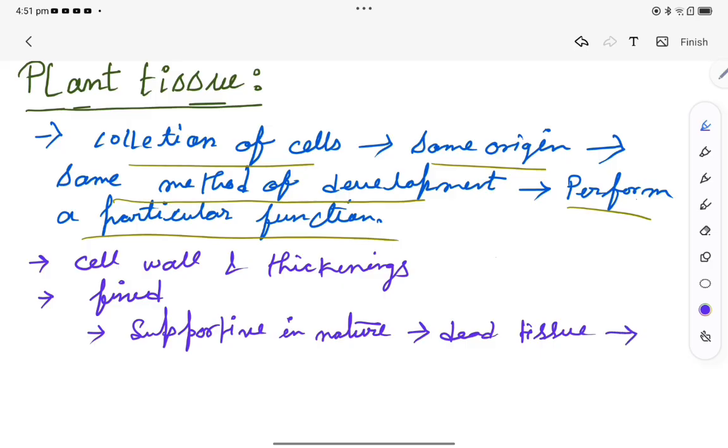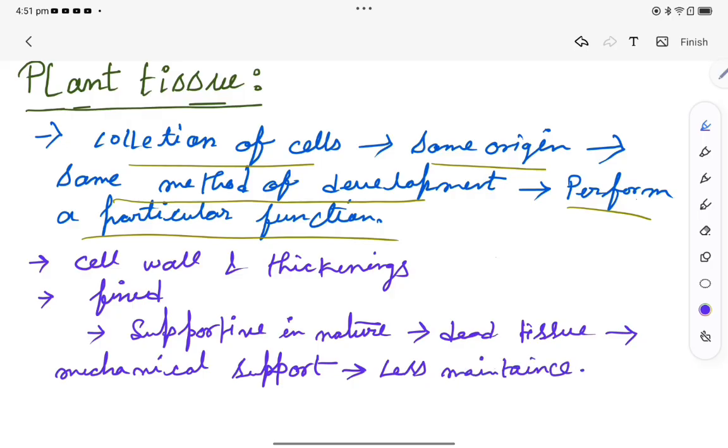Why dead tissues? Because dead tissues can provide more mechanical support, and less maintenance. It means dead tissues need less maintenance.